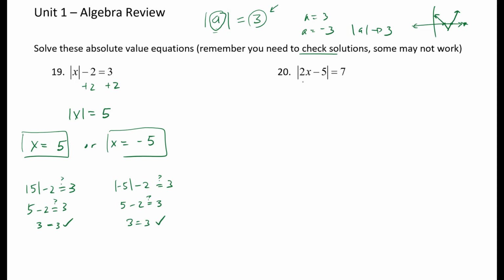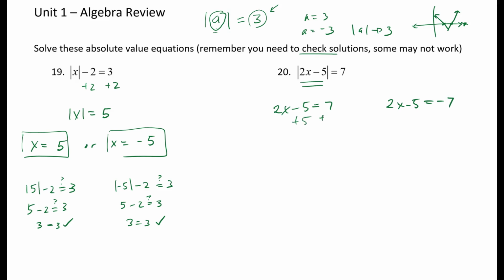Number 20, we have an expression inside the absolute value sign and it equals 7. So we're going to use the same idea here. We're going to take whatever that thing is inside the absolute value expression, set it equal to 7. 2x minus 5 equals 7. And then whatever's inside that absolute value can equal the opposite of 7. And then in this case, we need to go ahead and solve these little mini equations for x.